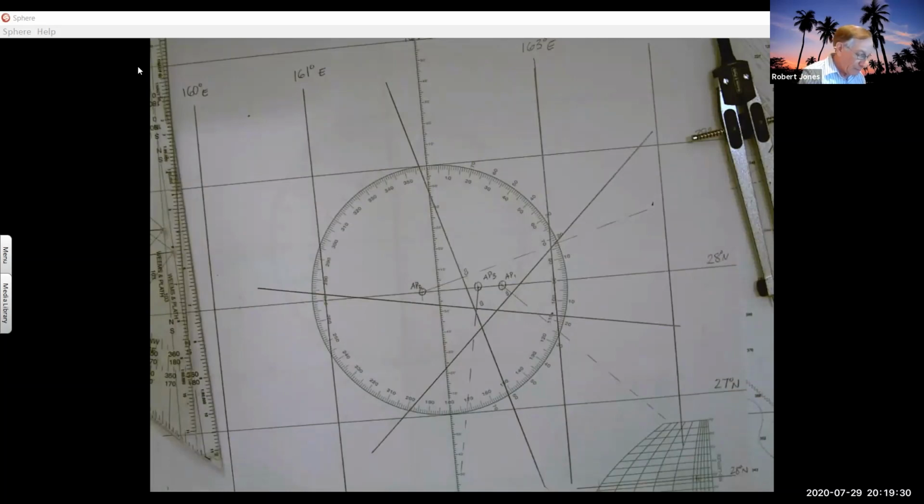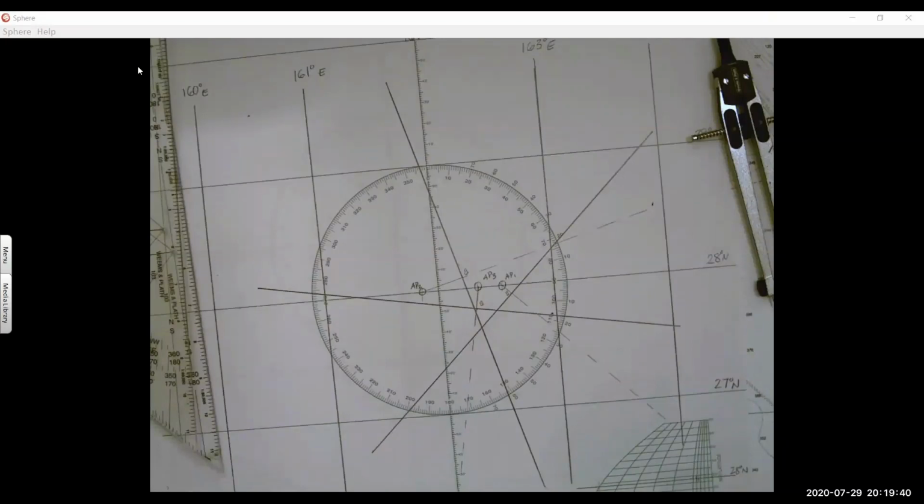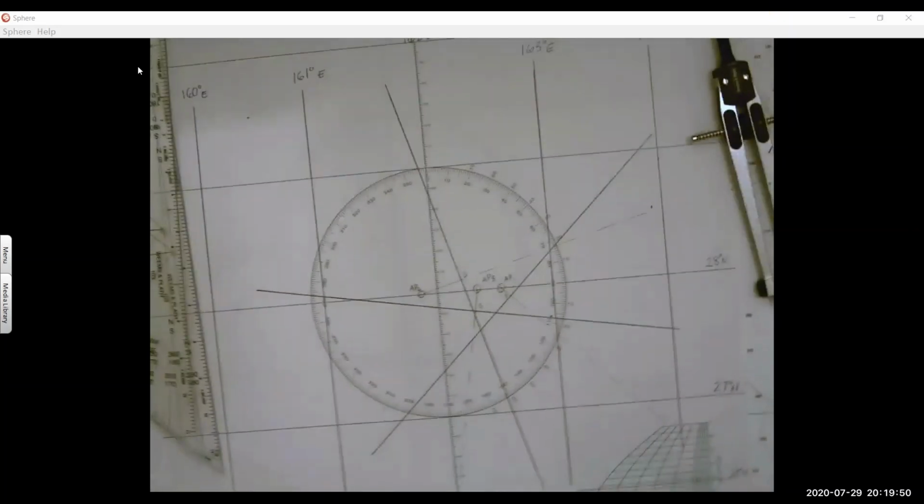So basically, that triangle is about 8 miles. You could be off about 8 miles or so.